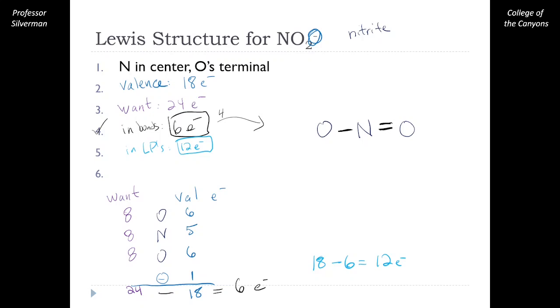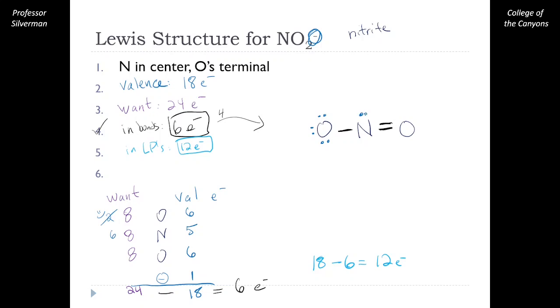For our lone pair electrons, we need to make sure that every atom has access to the number that it wants. This oxygen on the left, it wants to have 8, but right now it only has 2. Let's start adding more electrons until we get up to 8. Our nitrogen in the center, it wants to have 8, but right now it only has 6 electrons.